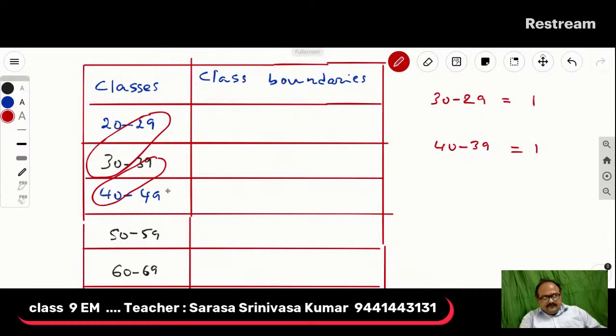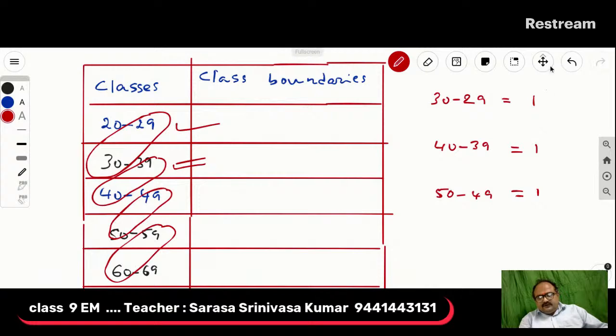Next, 50 minus 49 equal to 1. So the difference of the upper limit of this class interval and the lower limit of the next class interval is 1.